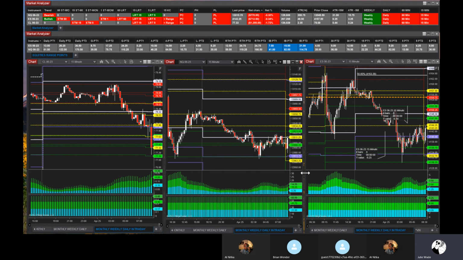So this level that price ended up trading to was the PT3 of the 1 hour IB.